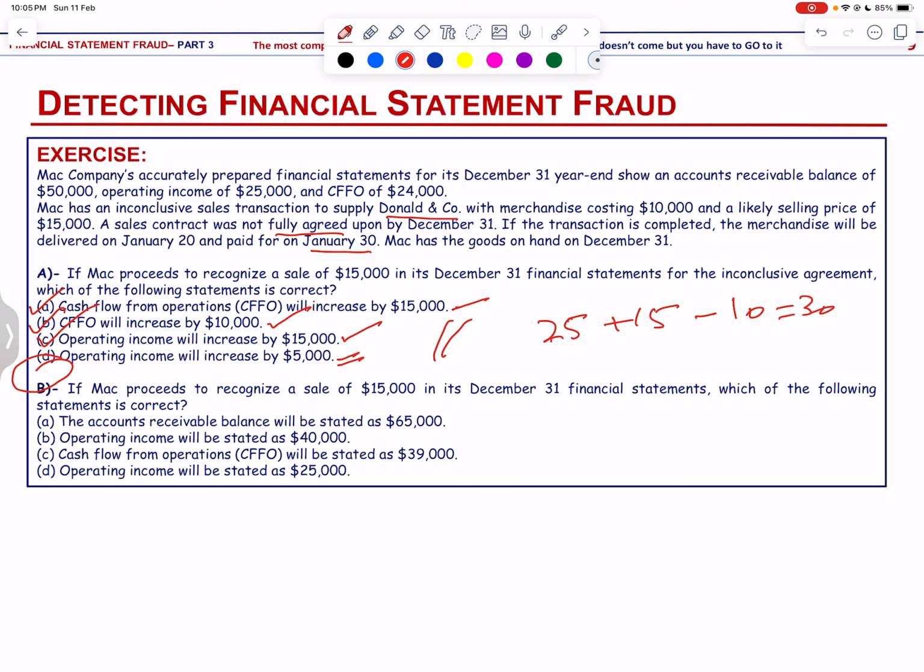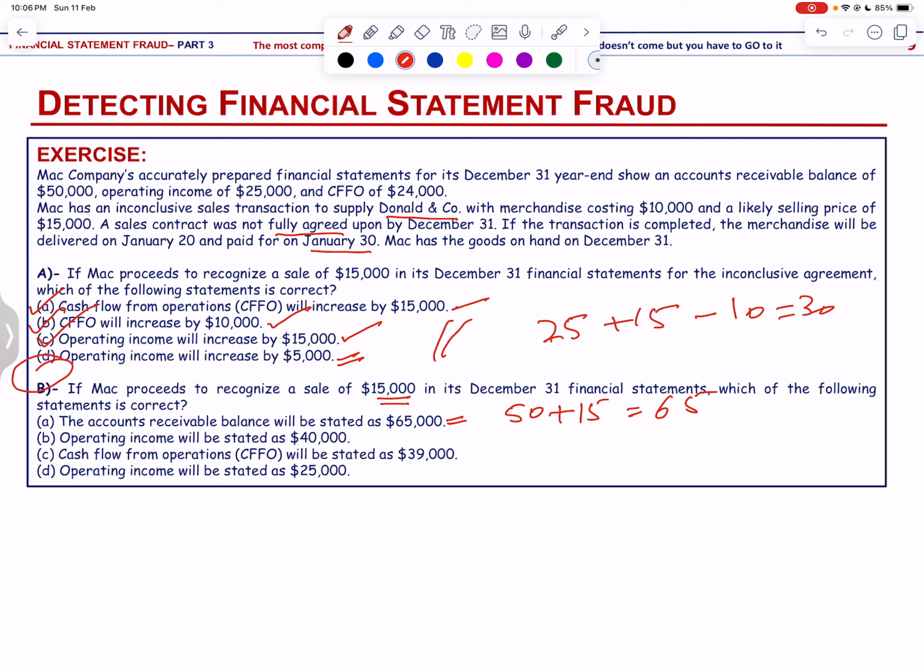Okay, if Mac proceeds to recognize a sale of 15,000 in its December 31st financial statement, which of the statements is correct? The accounts receivable balance will be stated as 65,000, and this is correct because accounts receivable will be 50,000 plus 15,000, that is 65,000.